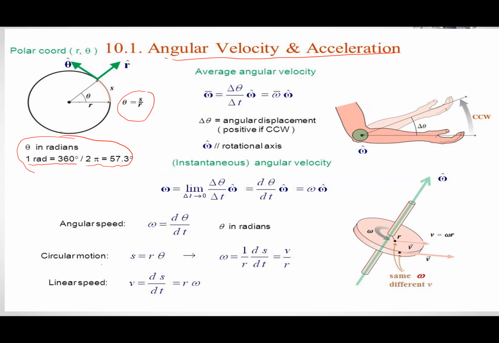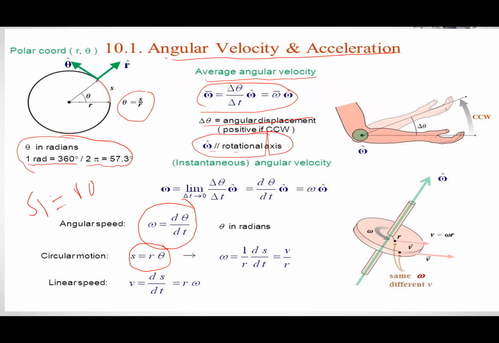Now, here the average angular velocity is equal to this. Del theta is the angular displacement, and omega is the angular velocity. This is the relation with linear distance: s is equal to r theta.